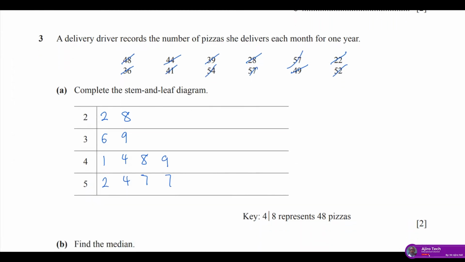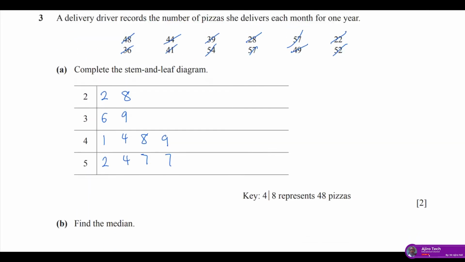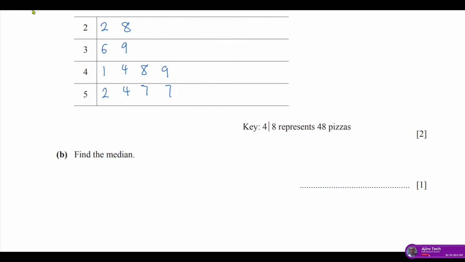So that does that. Now, find the median. How many items do I have here? 1, 2, 3, 4, 5, 6, 9, 12. So the median, since this is 12, we have the 6th and 7th.